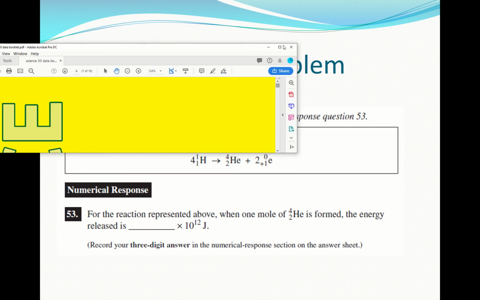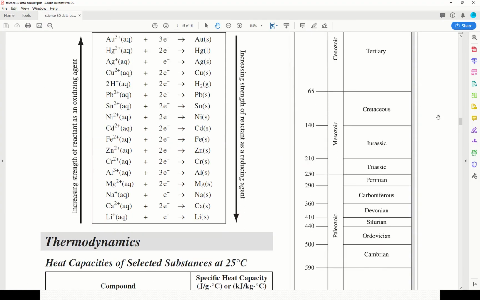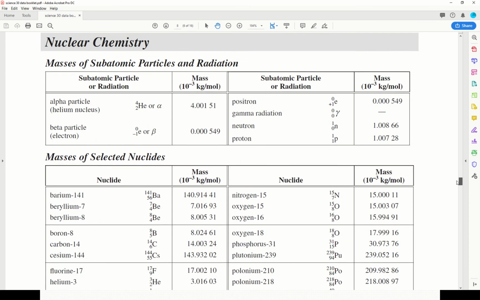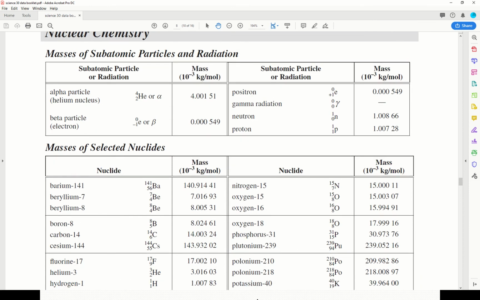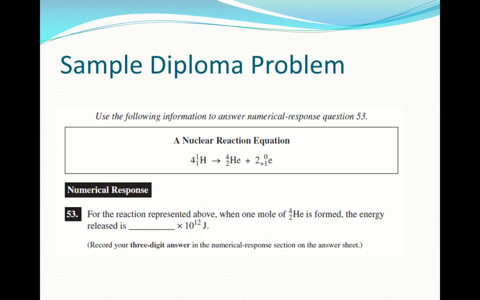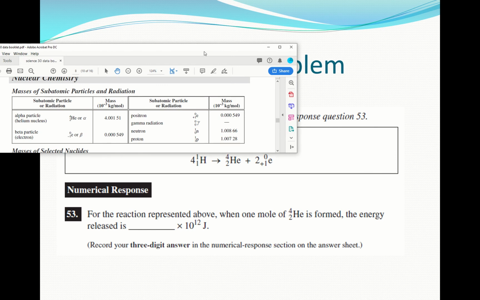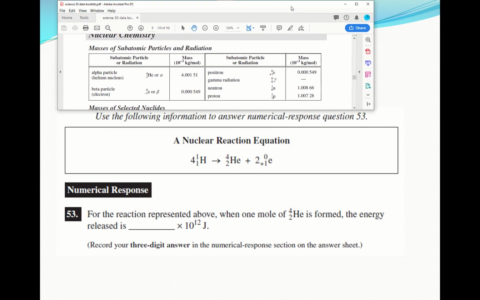So I'm going to go to page 8. There we go. This guy right here. Let me make that smaller so I can look this stuff up. Let's get my calculator out too.